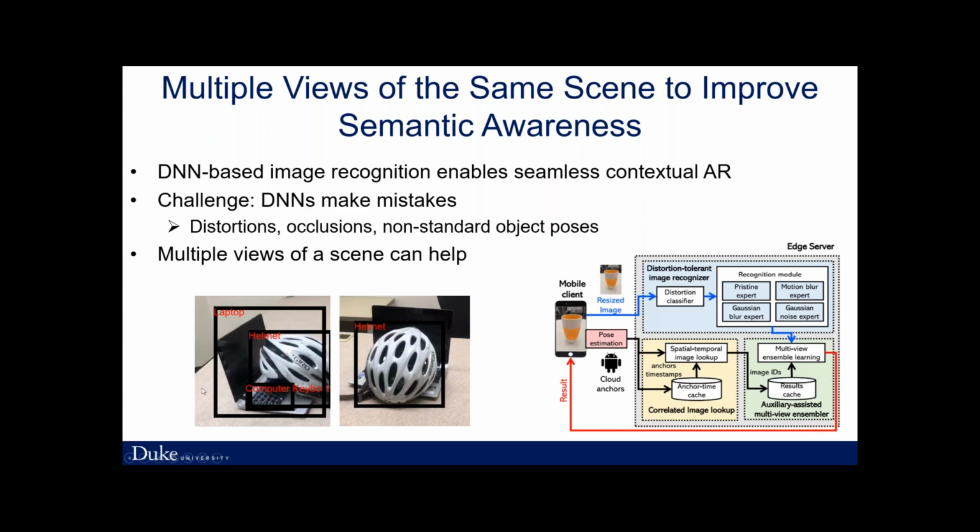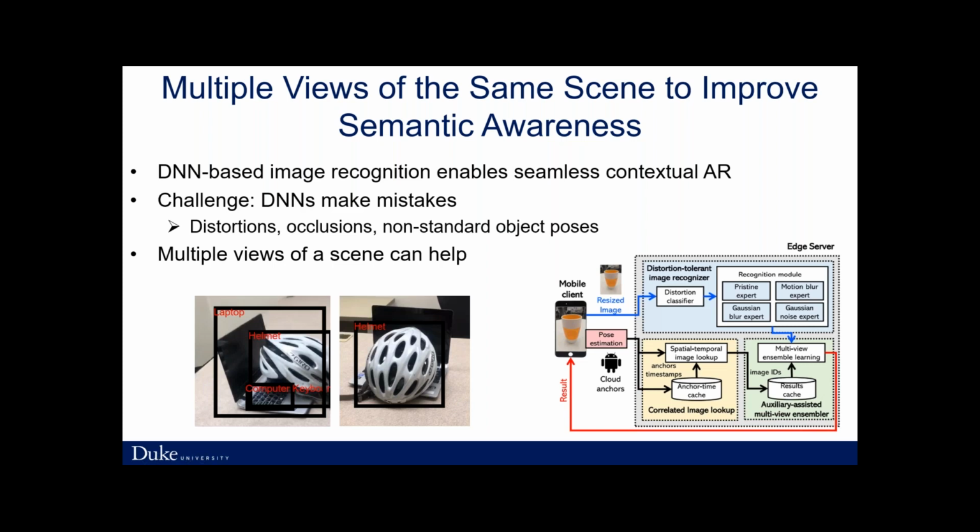So you see that in the capture on the left, this DNN was able to identify both the helmet and the laptop. But in the capture on the right, it only got the helmet. So if we are able to make use of both of these captures, we should be able to improve the recognition for the scenario on the right at the very least. And this is what we do in our work.